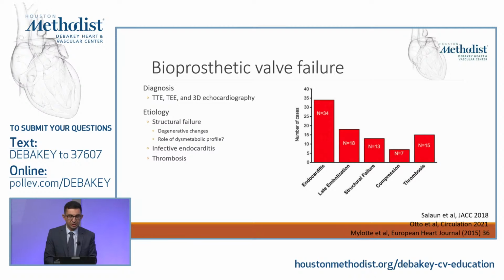The etiologies, endocarditis, thrombosis, and structural failure, are the top three. Most of the data is from the aortic valve registries and databases. And there is a new proposed mechanism for early failure with a metabolic profile in patients with a high inflammatory state, especially end-stage renal disease and diabetes.